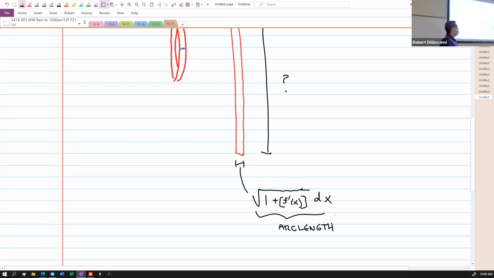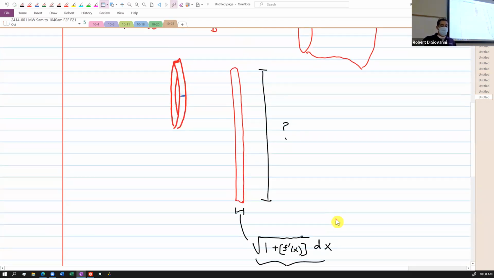The arc length is the actual width of that rubber band. Now, how long is it, or how tall is it? That's the circumference, which means you would need to know the radius. You would need to know the distance from here to that top edge.